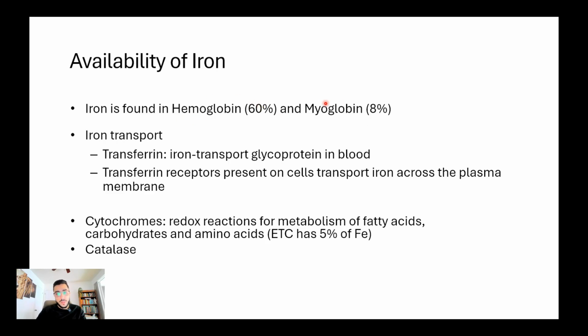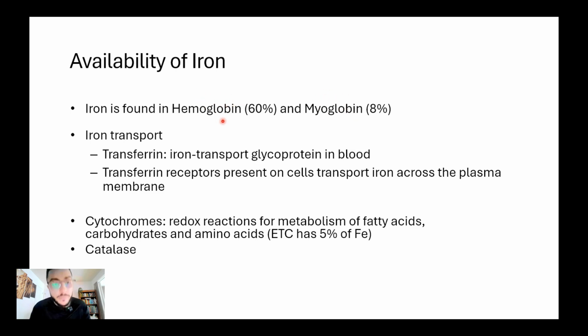Hemoglobin is pretty much the same as myoglobin. The only difference is that its quaternary structure is 4 units of this. So this is a tetramer, this is a monomer, and this one is more efficient at binding and carrying oxygen than the hemoglobin itself.